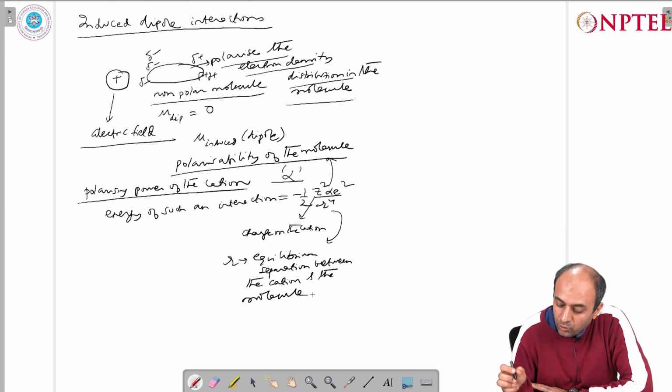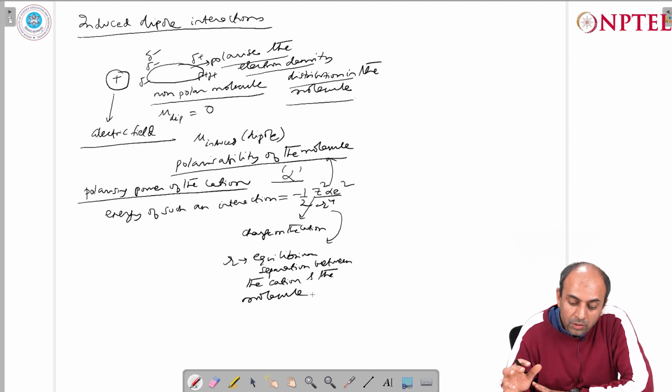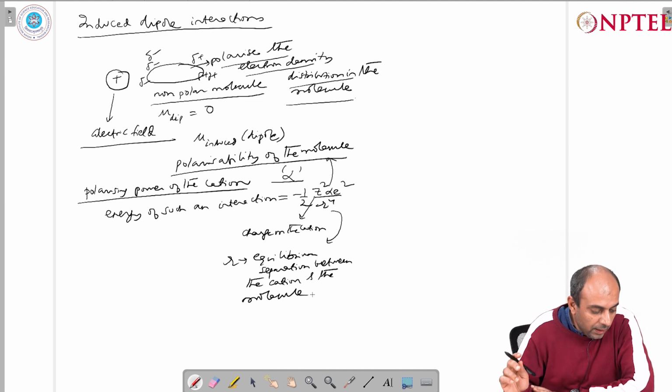So this is the equilibrium separation. In other words, it is important to keep in mind how the molecule orients itself so as to maximize the magnitude of the dipole moment which is being induced in the non-polar molecule.